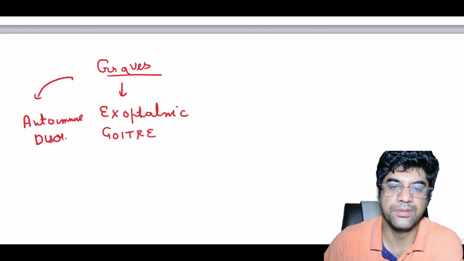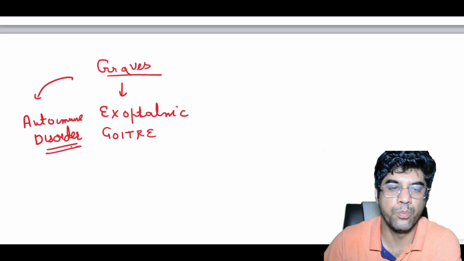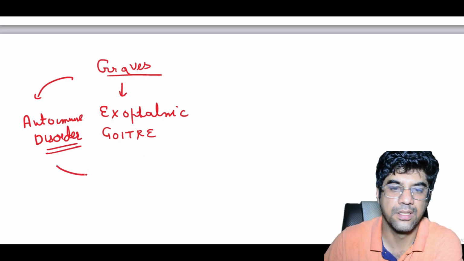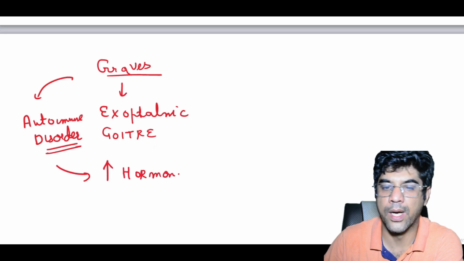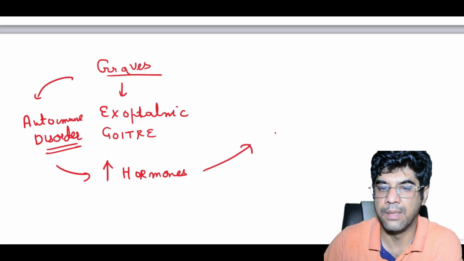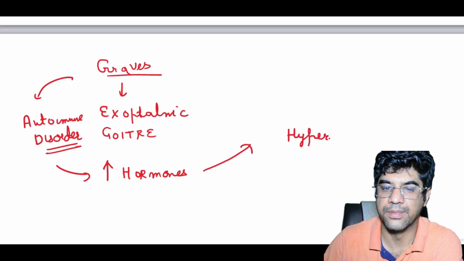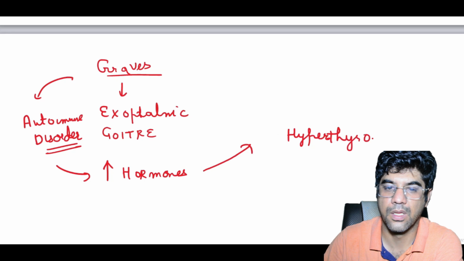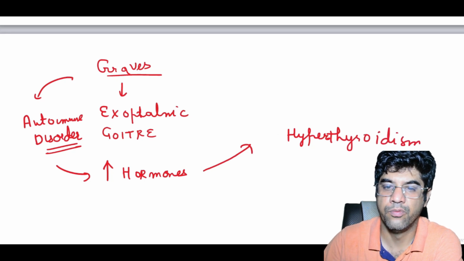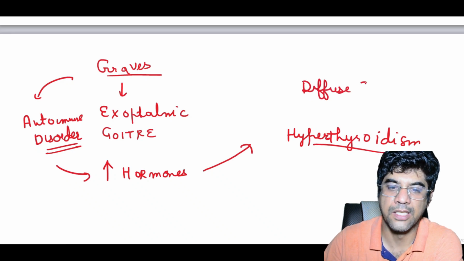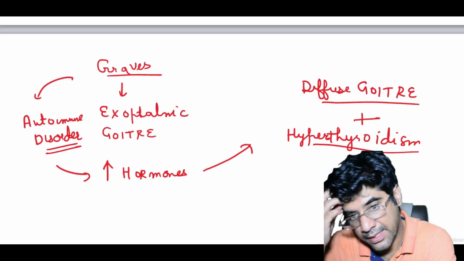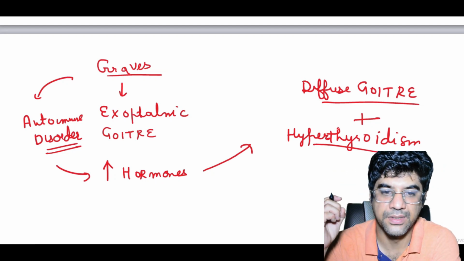Here the antibodies will stimulate the thyroid to produce excess hormones, and that leads to goiter and hyperthyroidism. So here you will see diffuse goiter. There would be enlargement of the entire thyroid gland due to increased activity, and that is Graves' disease.